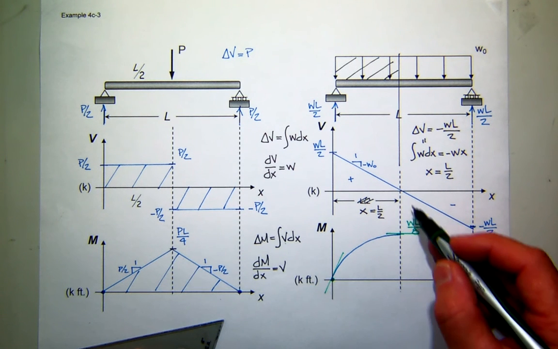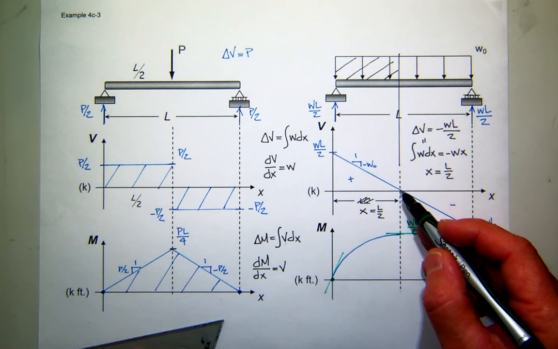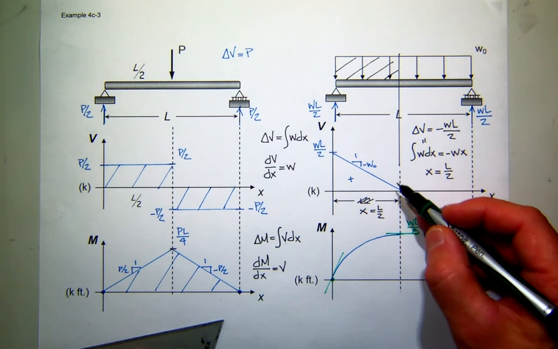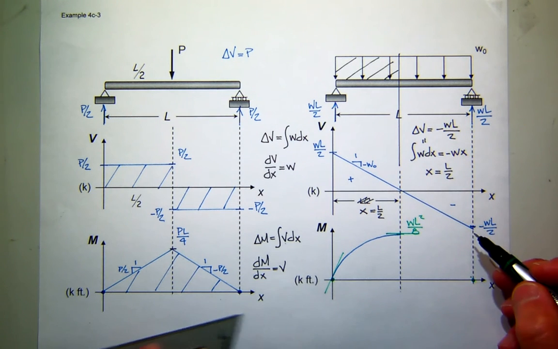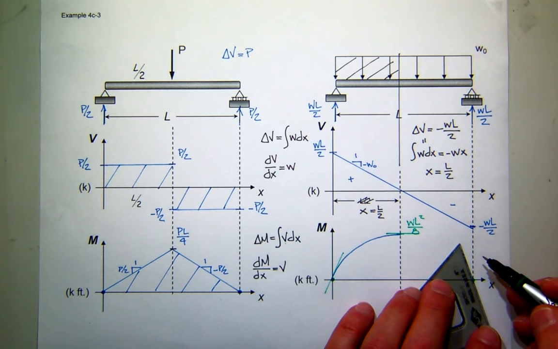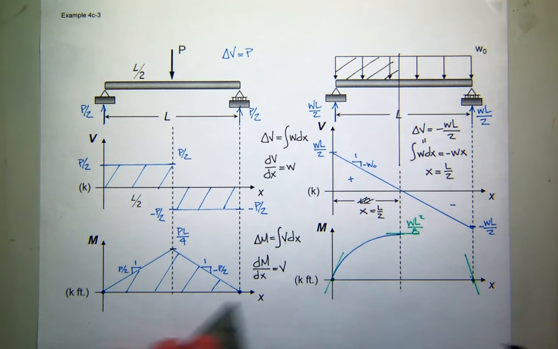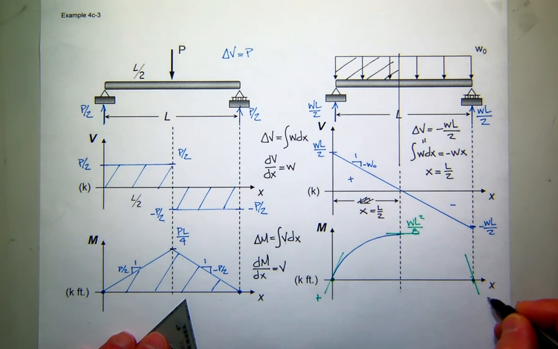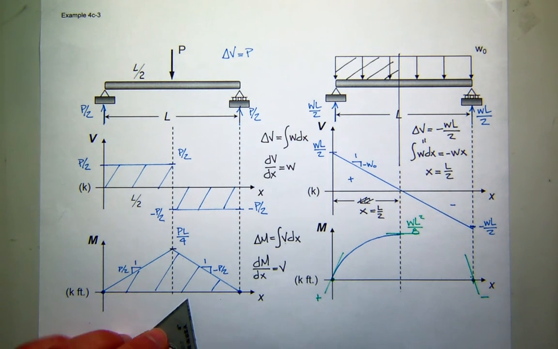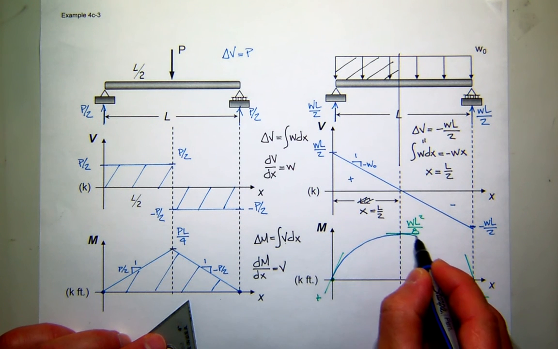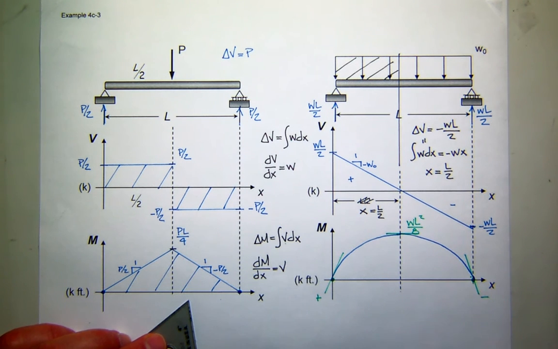So the shear starts off with a value of 0 slope, and decreases to a fairly large negative value. So this was a positive slope. This is a negative slope. And if I try to fit that in there, it probably doesn't look like it, but that's a nice parabolic section.